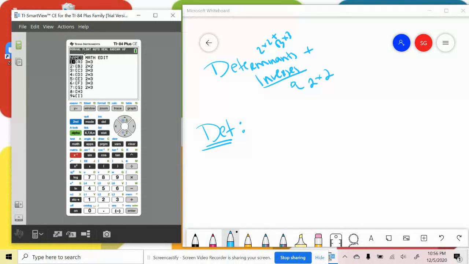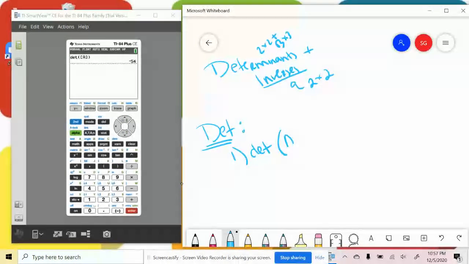Second matrix, in math, the first one, number 1, says DET. I'm going to take that, and then find the determinant of this 3 by 3 matrix, A. It's -54. So this is pretty cool.